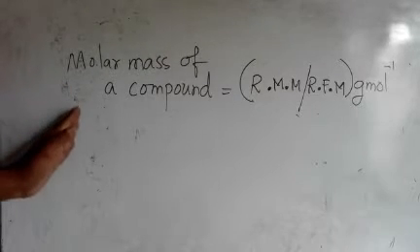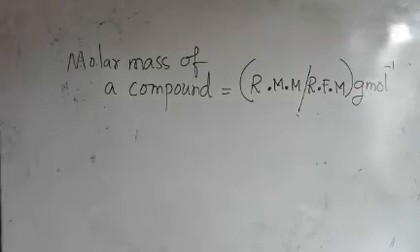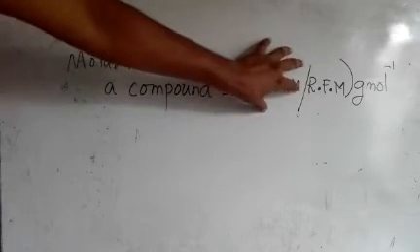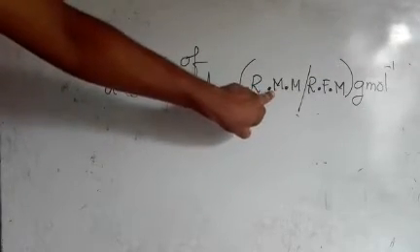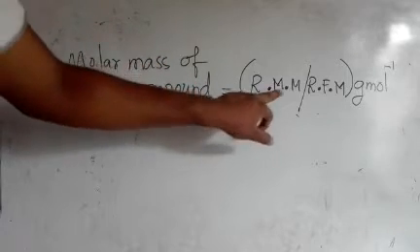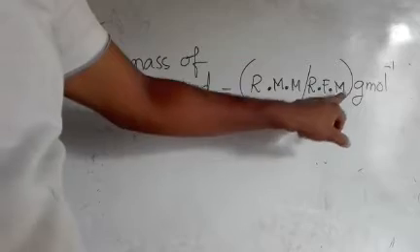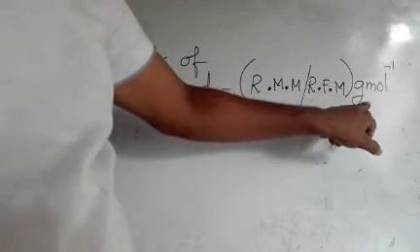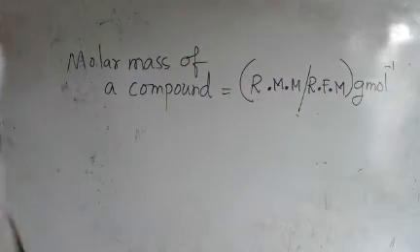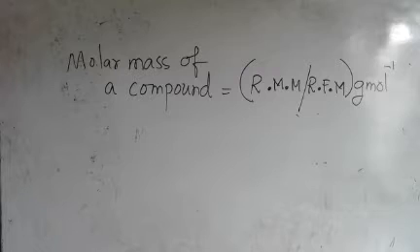The molar mass of a compound is found in this way. Either the relative molecular mass for a covalent compound or the relative formula mass for an ionic compound should be expressed in grams per mole. Then it will be equal to the molar mass of that substance. As an example, we will take water.